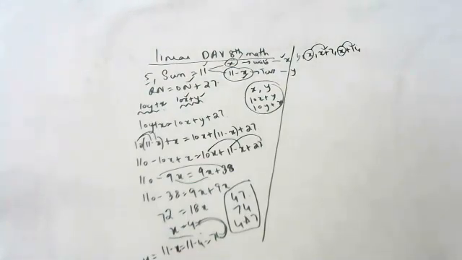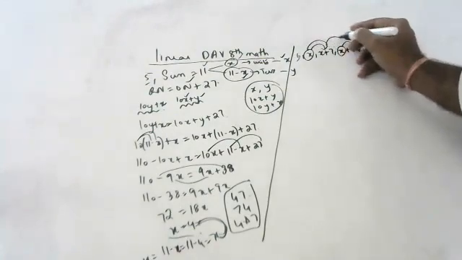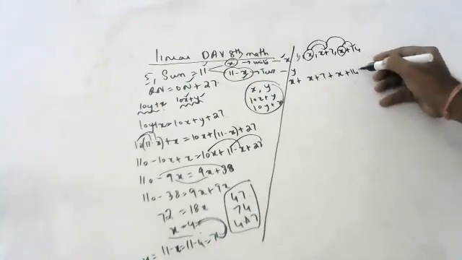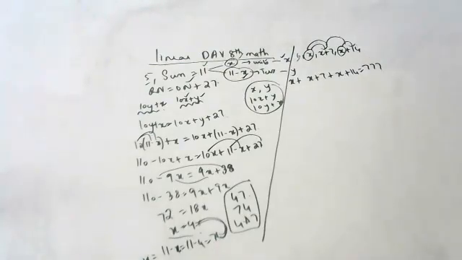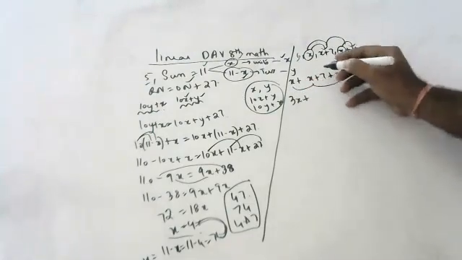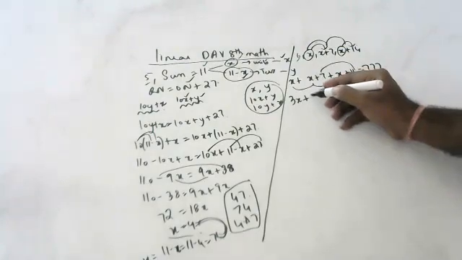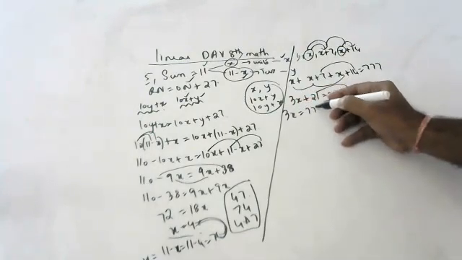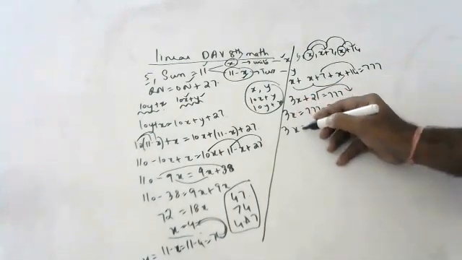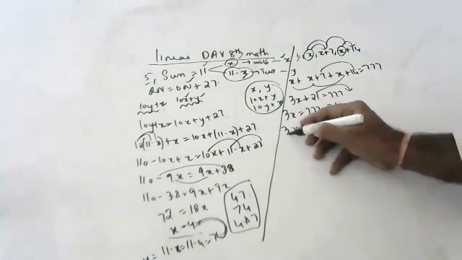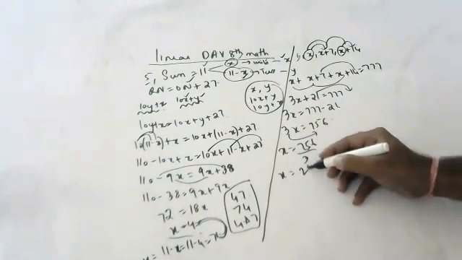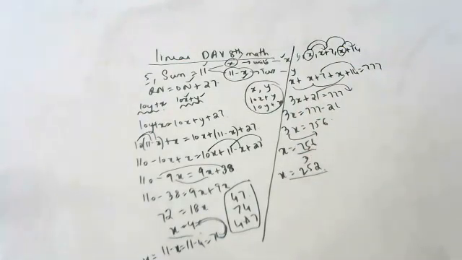The sum of three consecutive multiples of 7 is 777. The sum of these three is 777. x plus x plus 7 plus x plus 14 is 777. How much is x plus x plus x? 3x. 14 plus 7? Sir, 21. 21 goes to the other side. 3x is equal to 777 minus 21, that is 756. x is equal to 756 by 3, that is 252.